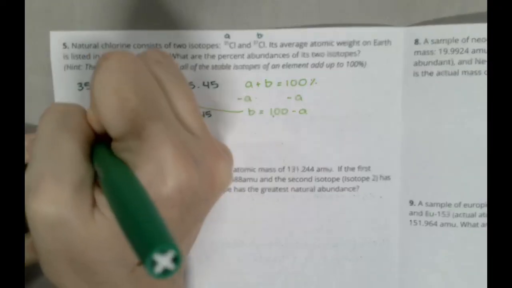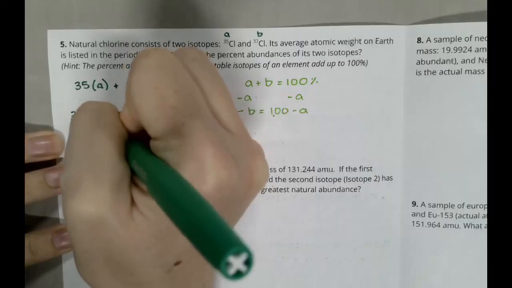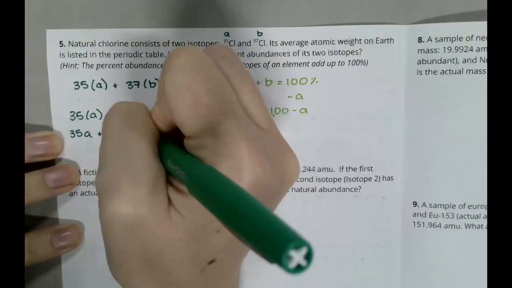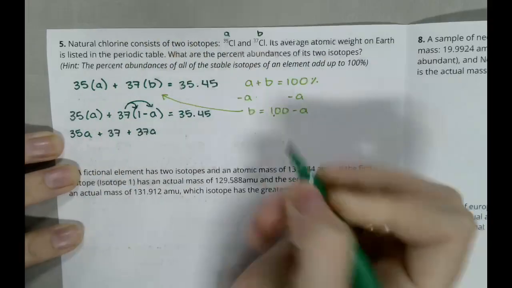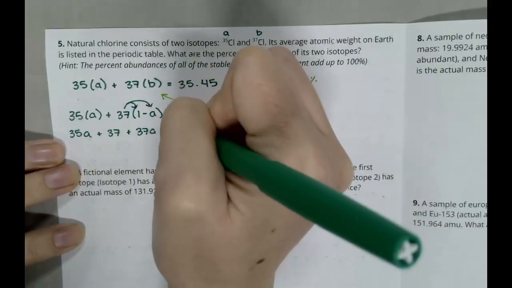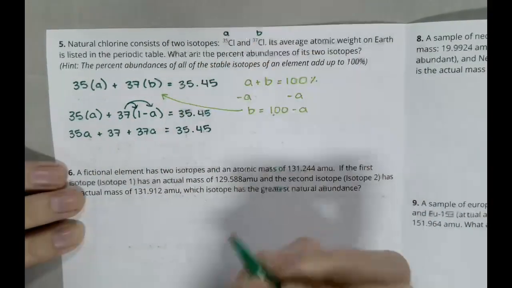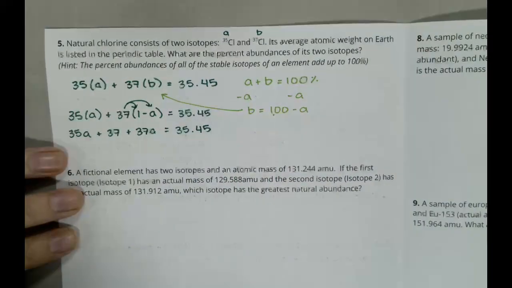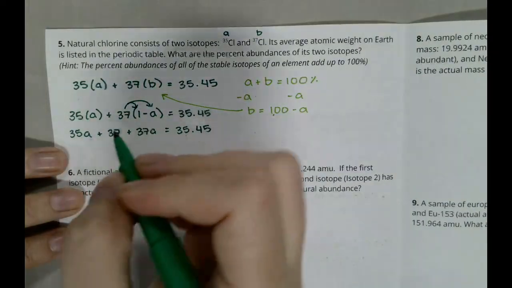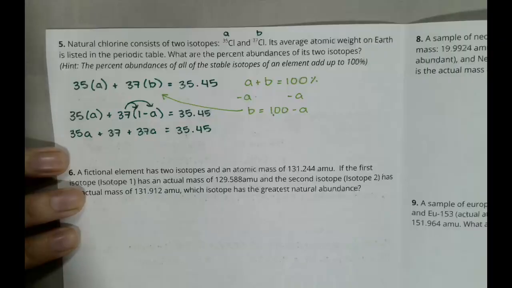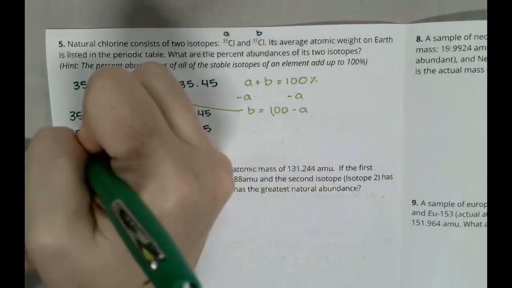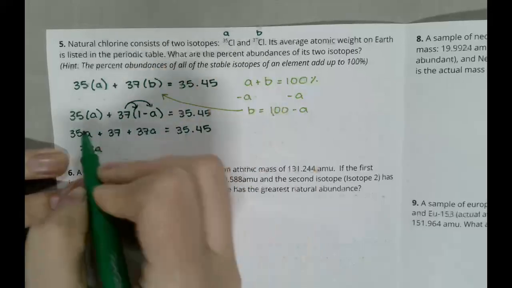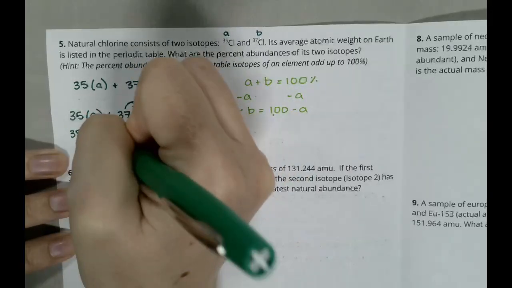Okay, so this is going to be 35A plus 37 plus 37A when you distribute this. And that's going to be equal to 35.45. All right, well, let's combine like terms to make this a little bit easier. 35 plus 37 is 72A. Okay, we've combined those two, and I'm going to get rid of 37 on both sides.